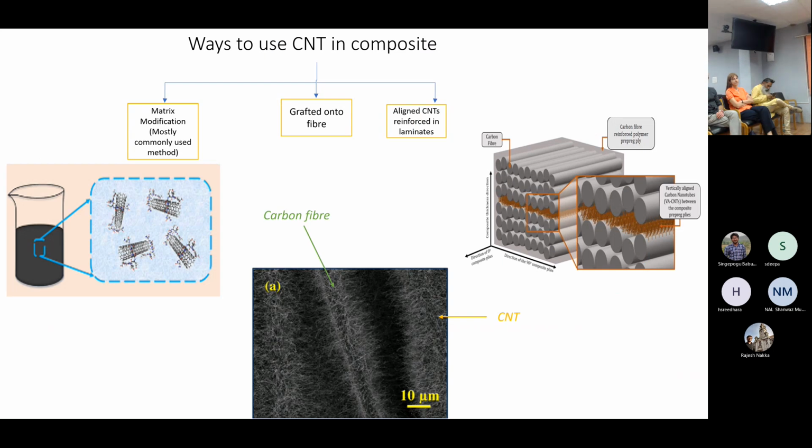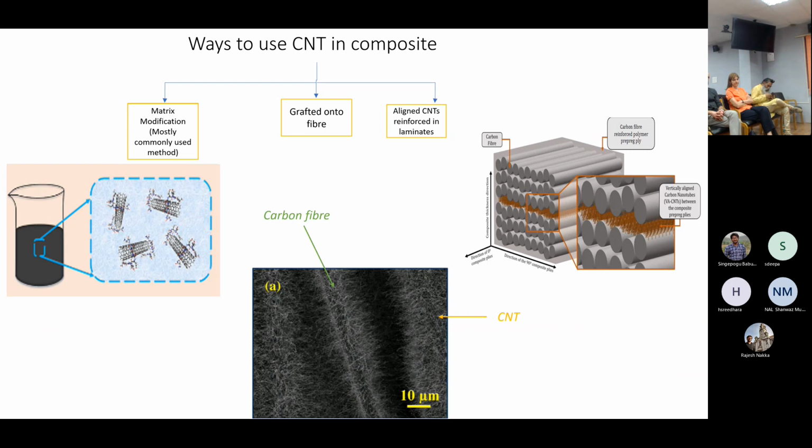Now there are a few ways to use CNTs in a composite. One of the most commonly used methods is the matrix modification method, where we just put CNTs into the matrix and stir it up. It's the most common way to use it. Or we can graft onto the carbon fibers. Here we can see the center fiber, which is the black fiber.